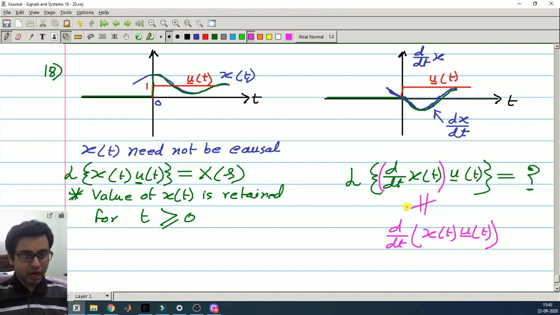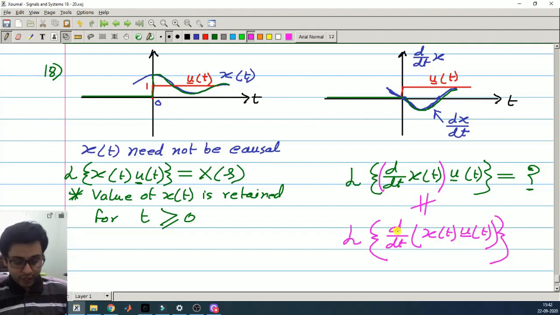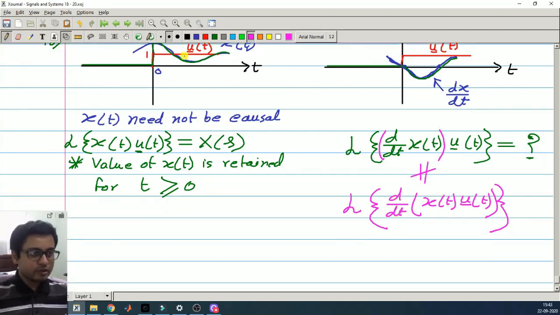So these two are not equal, and therefore this Laplace transform will not be the same as this Laplace transform. That is very crucial to understand. So this is what is given, and this is what we have to find out.